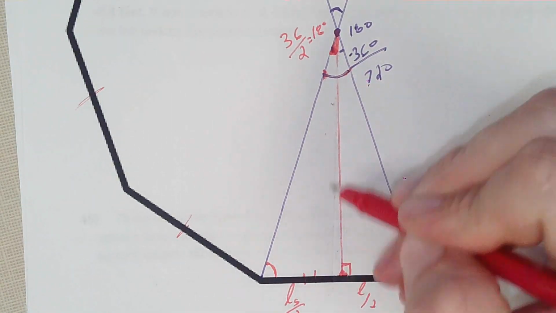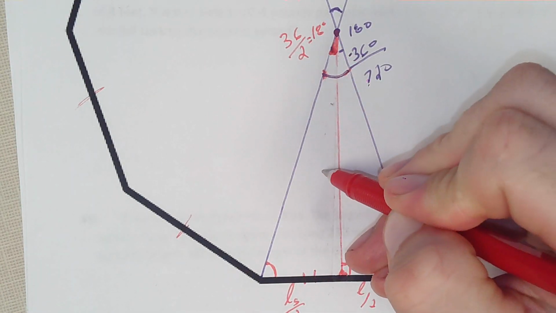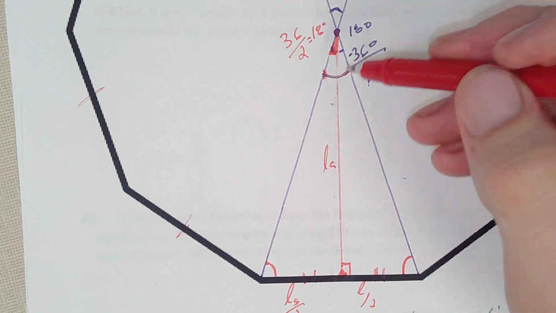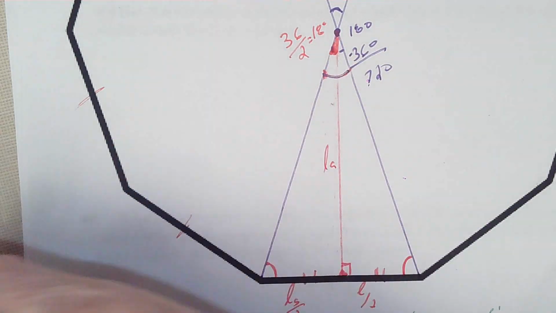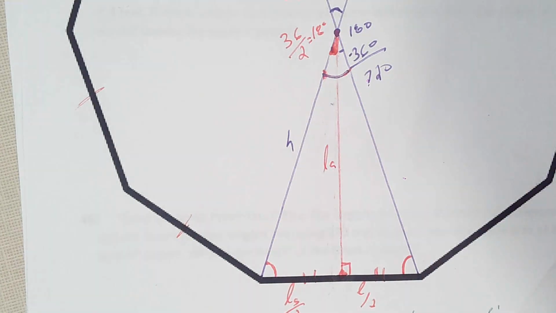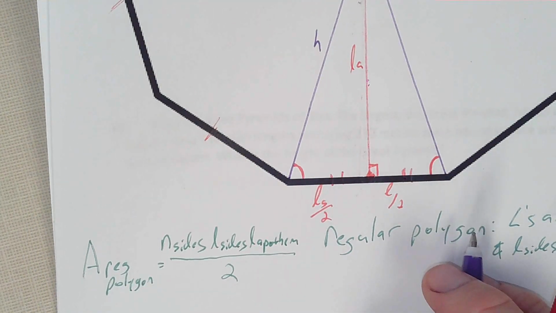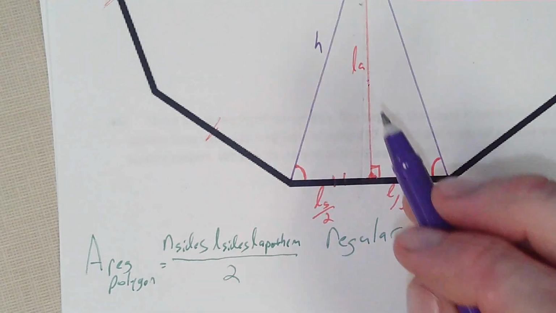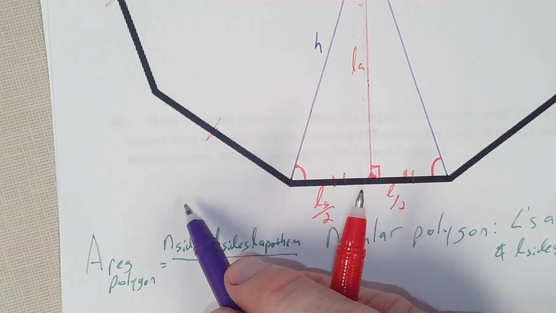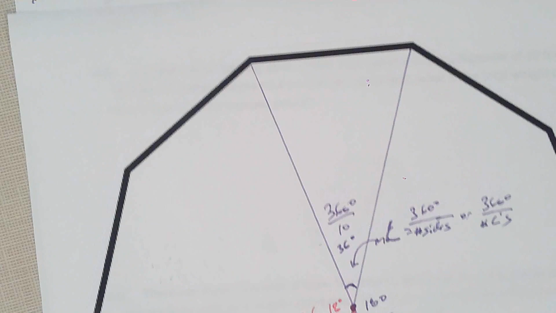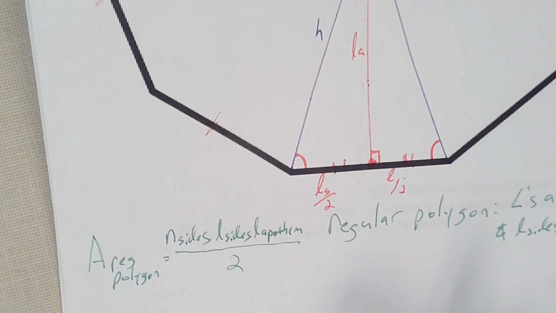It's a right angle, short leg. The long leg is the apothem, and this is the hypotenuse. Either way, if you wanted to solve for the length here, they gave us the area of 24.3.